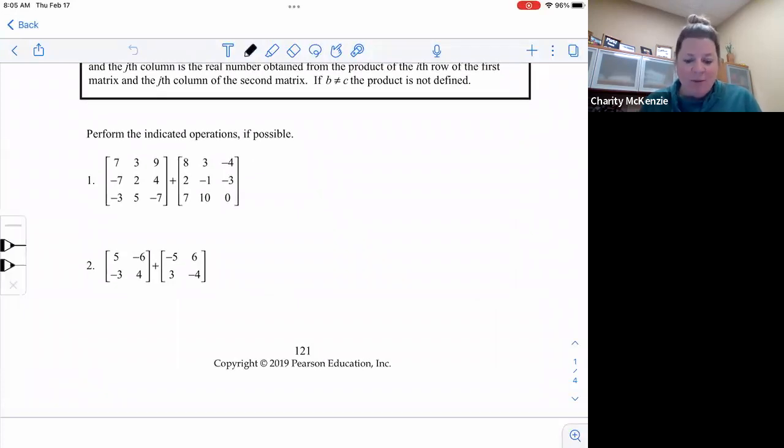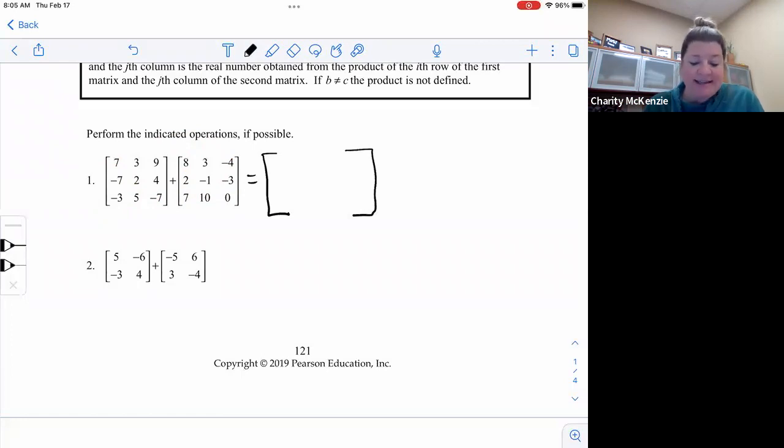So right now, when I'm looking at this one, it is a 3 by 3 and a 3 by 3. So we can add. If you couldn't, you just say not possible or something like that. So we're going to say equals here, and the answer will be a 3 by 3.